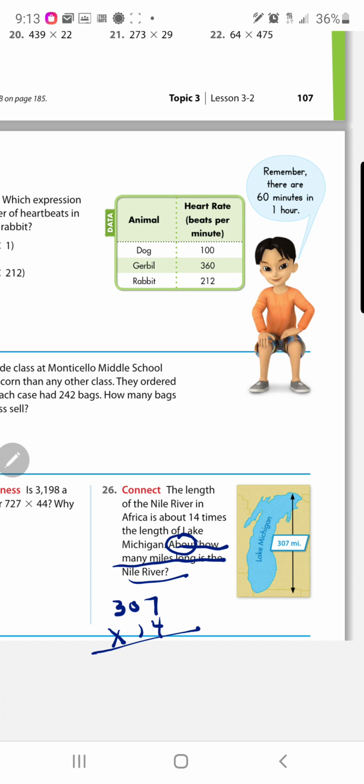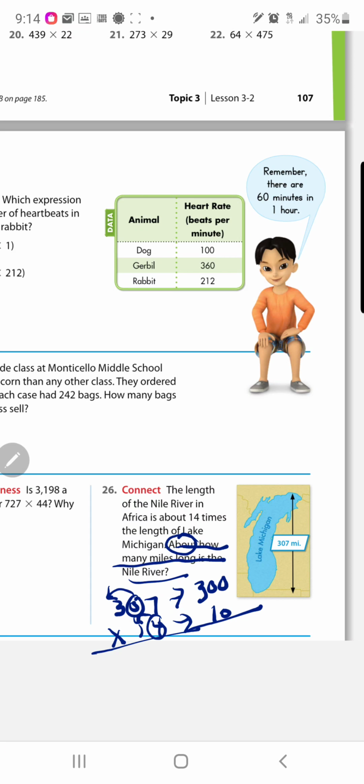So I multiply. We're going to estimate here because it says about. And we're going to round off 307 to 300 because it's closer to 300. And then, of course, 14, we're going to round it off to 10.